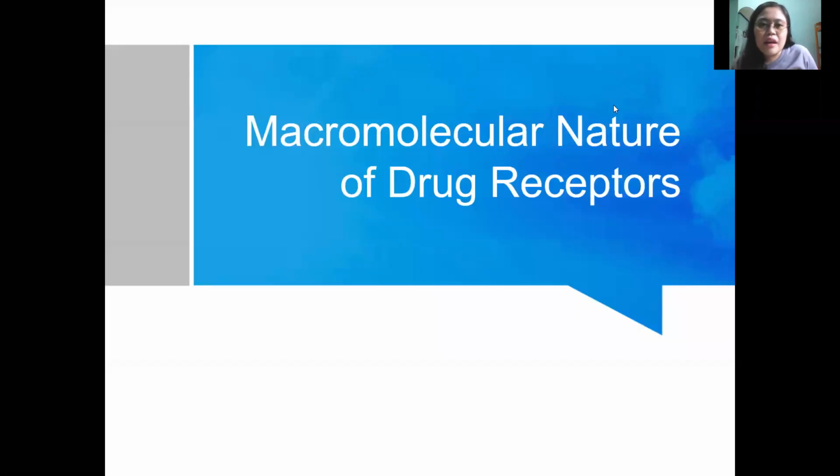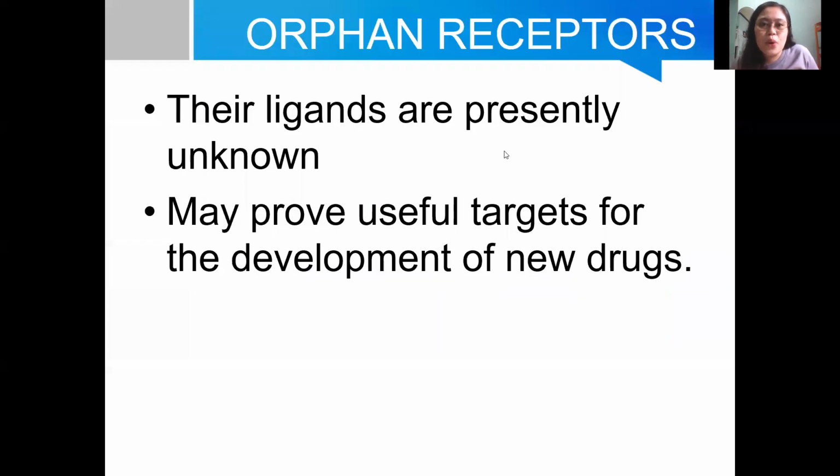Now, let's talk about receptors because we have lots of receptors inside the body. I have just mentioned that most of them are made up of proteins, some are lipids, or some are nucleic acids, but we really have different types of receptors in the body, and then we will discuss what their effects will be. So, the first one, we have the so-called orphan receptors.